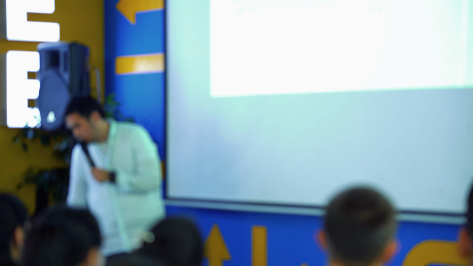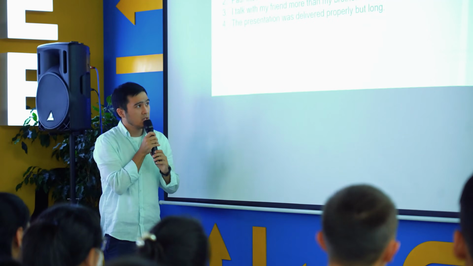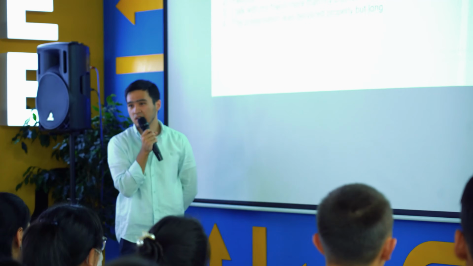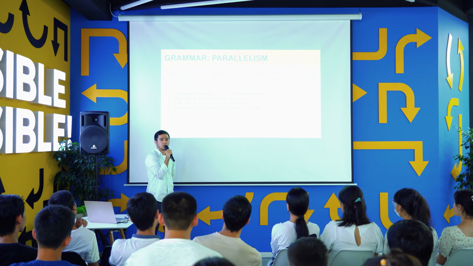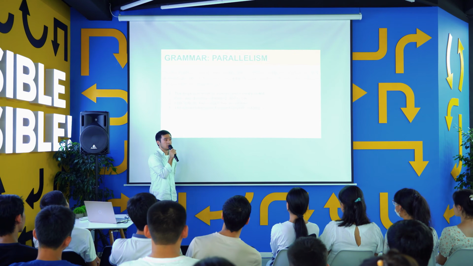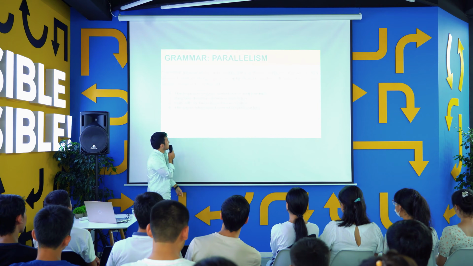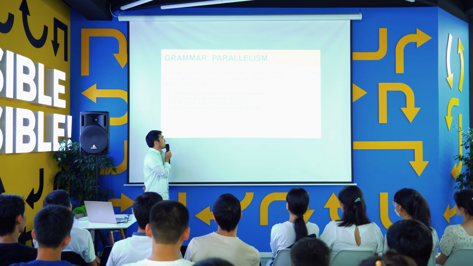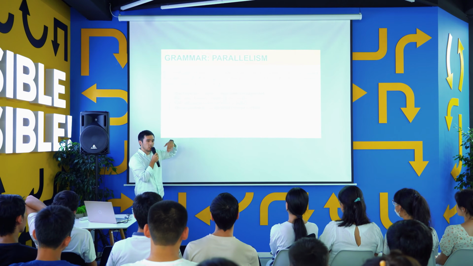So next one, number 4. The presentation was delivered properly, but long. Look at the conjunction. Where is conjunction here? There. But, there is no end in this presentation. Presentation was delivered properly. What is the left side? Was delivered properly.